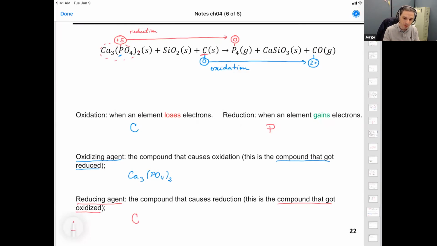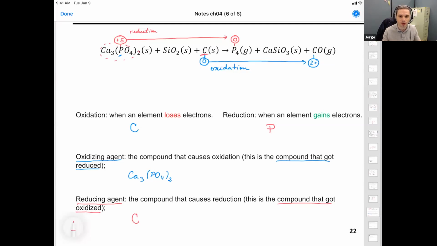Therefore, in a chemical reaction, we cannot create or destroy atoms, and also we cannot create or destroy electrons. It's always going to be a movement of electrons. And chemistry is basically based on movement of electrons. Someone will reduce and someone will oxidize.